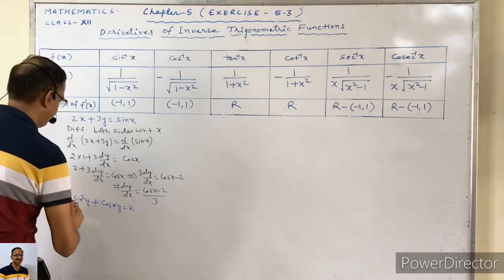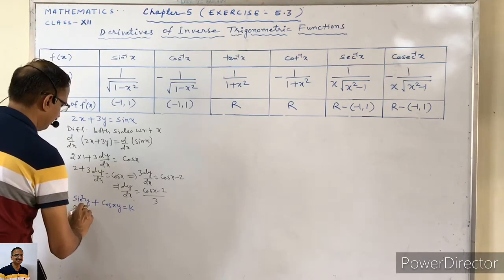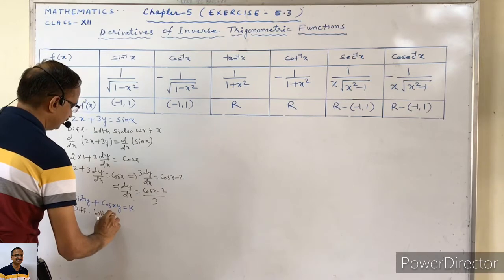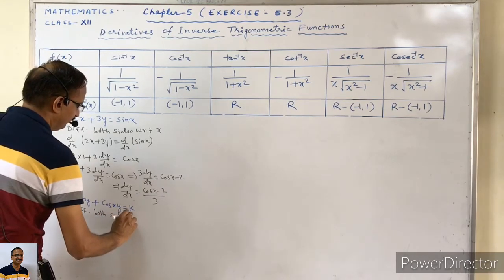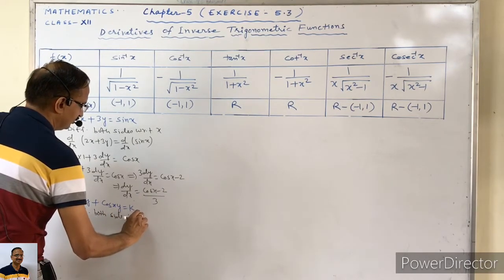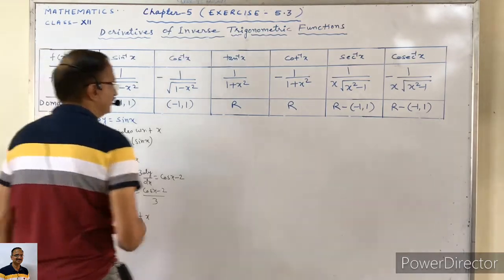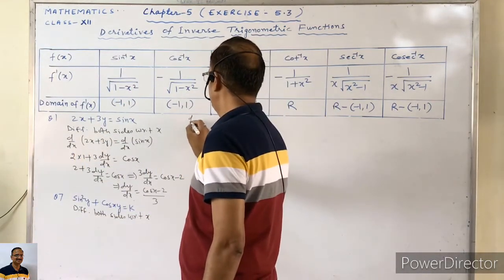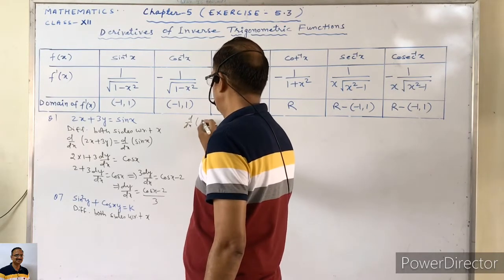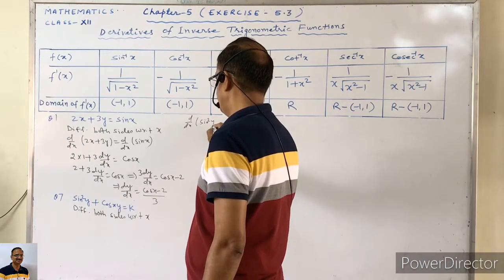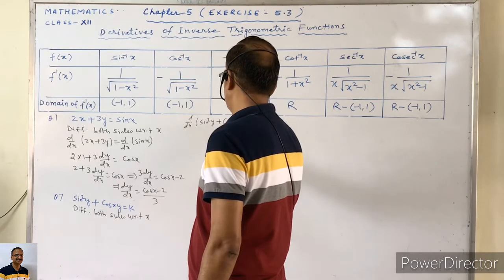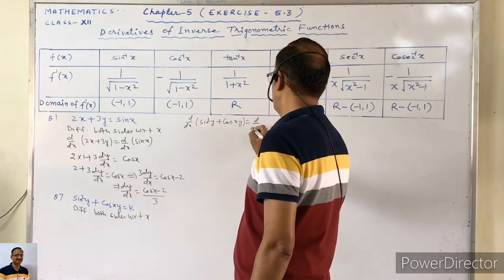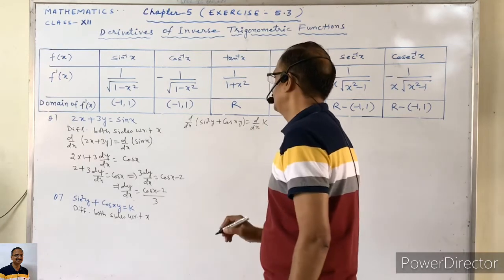In the same way we will write, differentiating both sides with respect to x, then d by dx of sin square y plus cos xy equals d by dx of k.